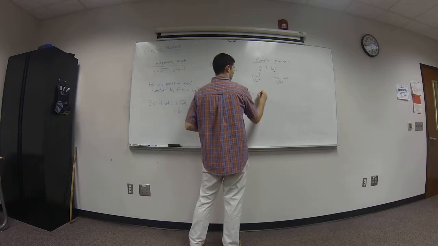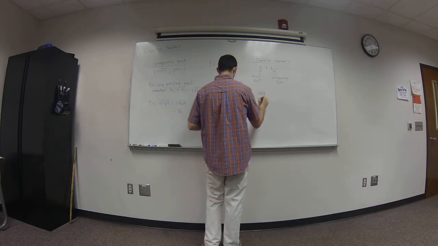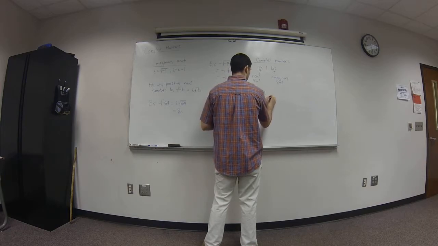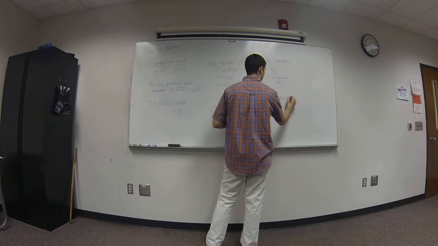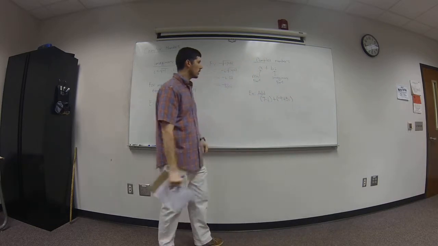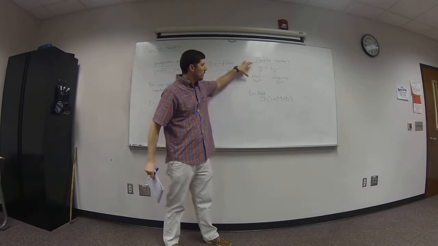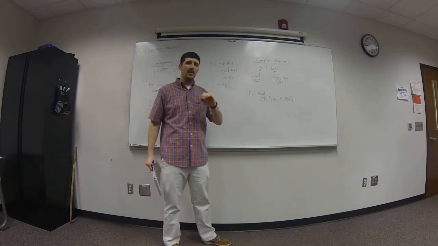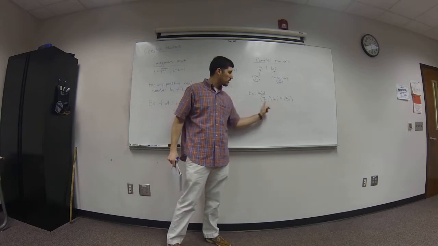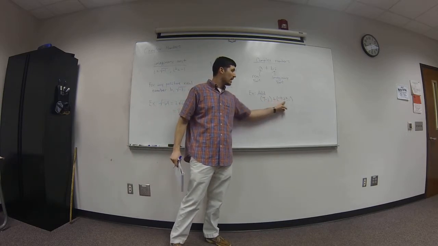Let's say we want to add 7 minus i plus -9 plus 3i. Notice both of these are in the form of a complex number. So all we have to do in order to add these is add our real parts together and add our imaginary parts together.